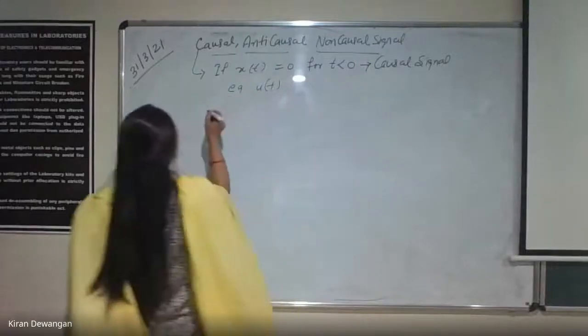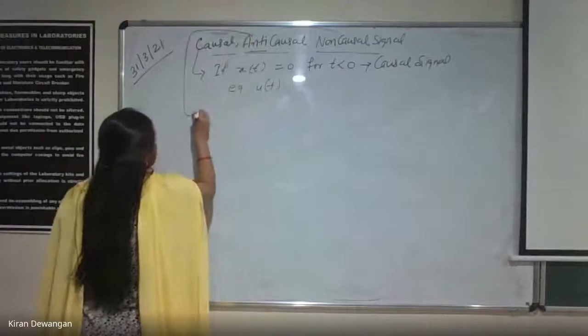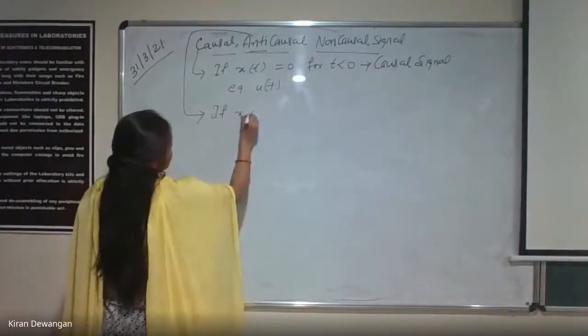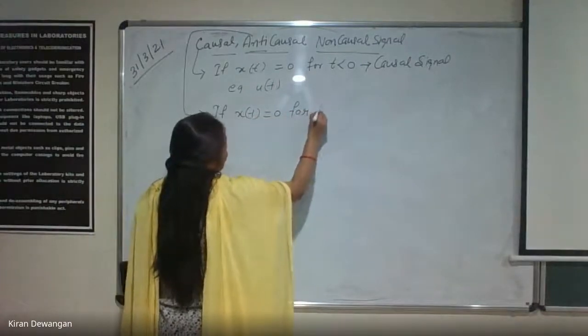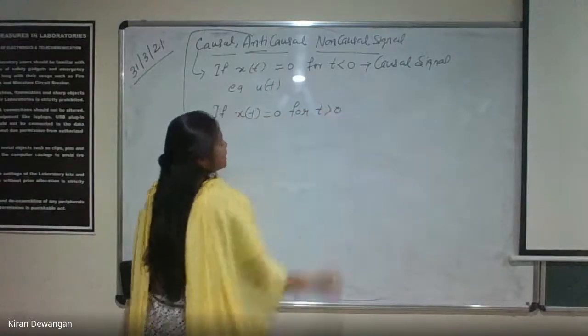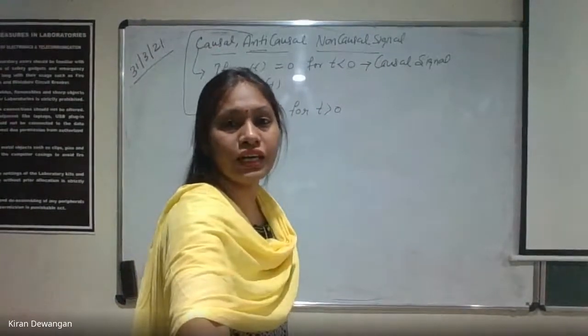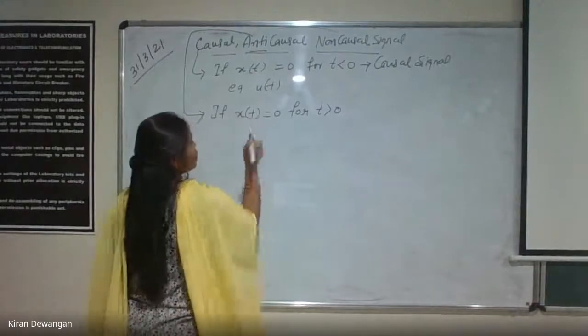Now the next one is anti-causal. Anti-causal signals are signals where x of t is 0 for all values of t greater than 0. It is just the opposite of the causal signal.